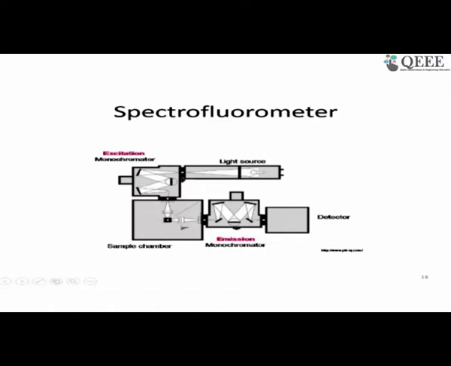It emits in all the directions. Why do we collect at 90 degree? That is just to avoid the excitation beam. So when you are putting light in this direction, that light will be going through here. Some light will be absorbed as we know, remaining light will be going through in the direction, right. So to avoid this direction of the excitation beam, you collect emission light from 90 degree.